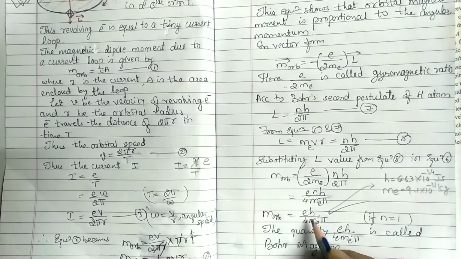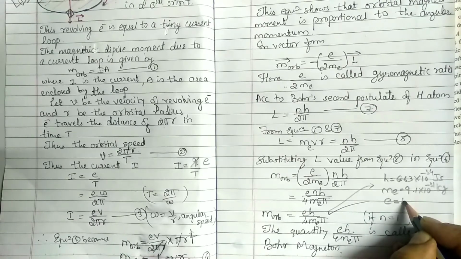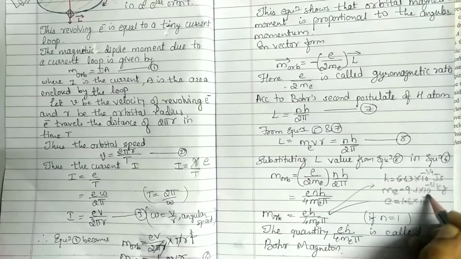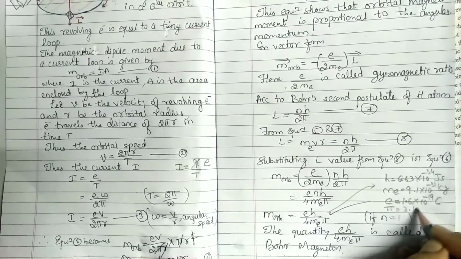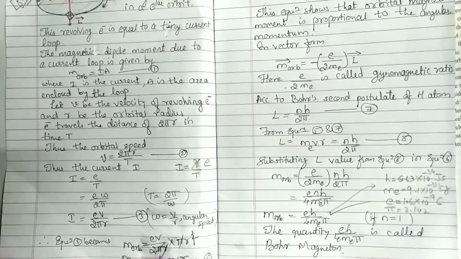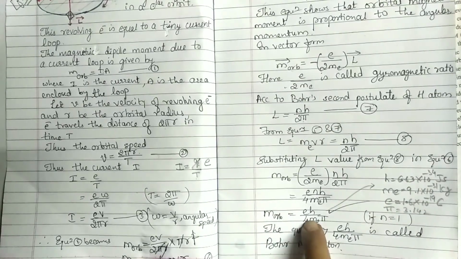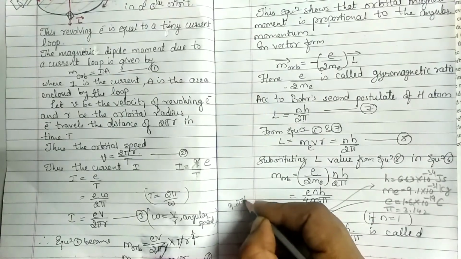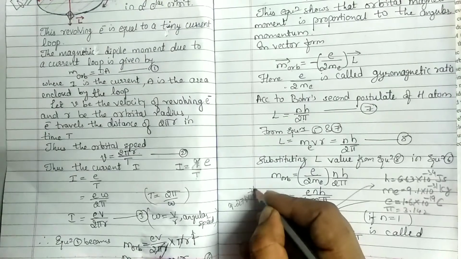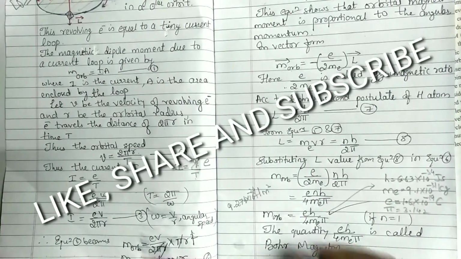Then the charge E, if you substitute 1.6 into 10 raised to minus 19 coulomb, and pi as 3.142. If you substitute all these values in this expression, the value you will get is 9.274 into 10 raised to minus 24 ampere per meter square, which is known as the value of the Bohr magneton.